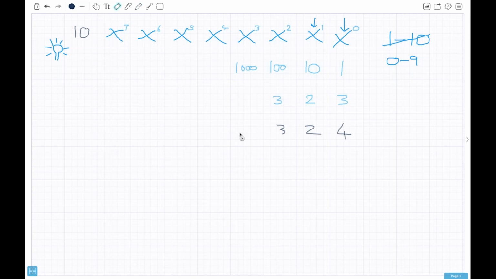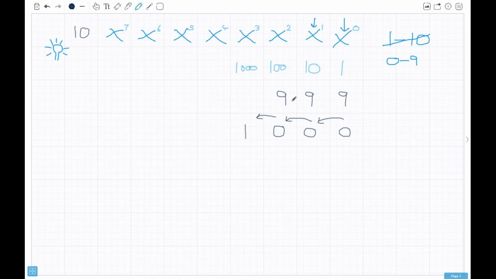All right, what if I get to 9, 9, 9? If I add 1 to this, we're taught in school that becomes a 0 and you carry the 1. That becomes a 0 and you carry the 1. That becomes a 0 and you carry the 1.